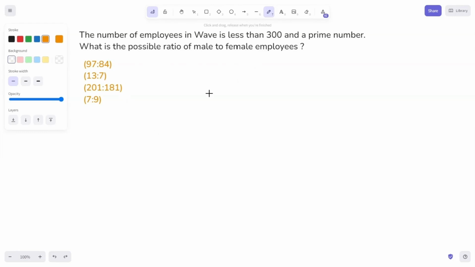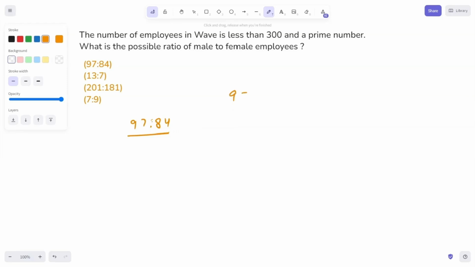There is a basic way to solve these types of problems. If it says less than 300 and a prime number, it means that when we make the sum of the ratio, the resultant sum should be a prime number. If the resultant sum is a prime number, that ratio will be our answer.